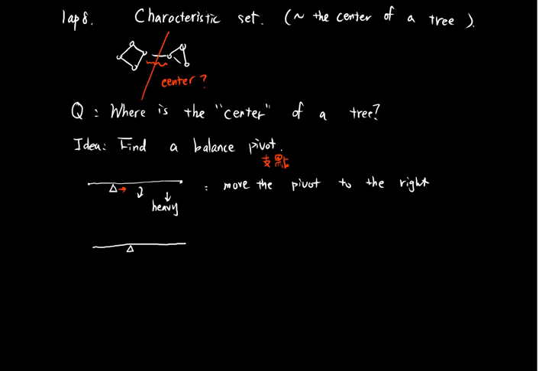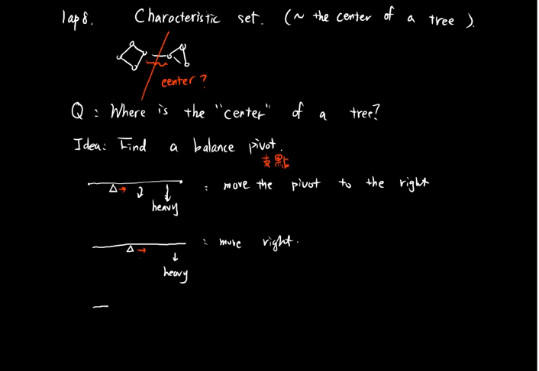And it depends on the density and the mass distribution. Probably here is the balance point. You don't know. It's not necessarily the longer part is the heavier part, but let's say it is still heavier. Say this is very heavy, but this is slightly heavy. Then we do the same thing again. So we move that to the right again.